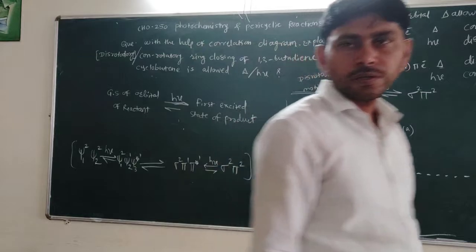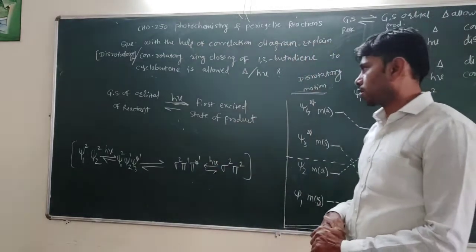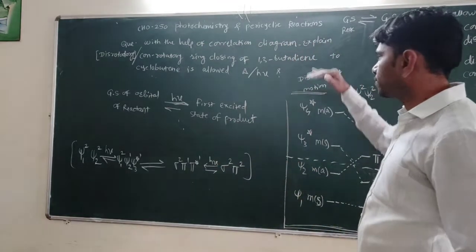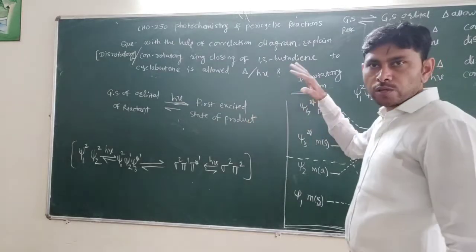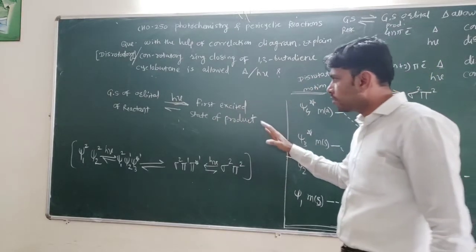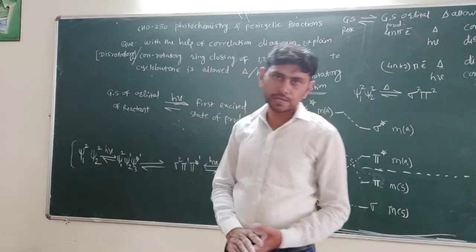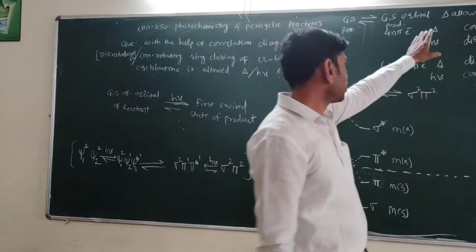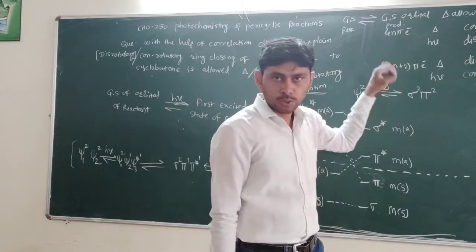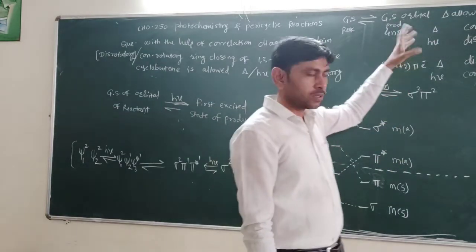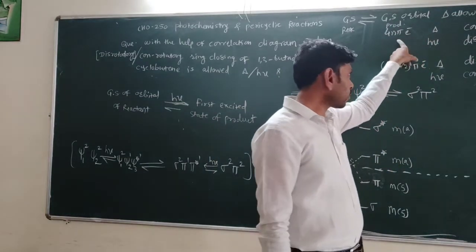So this is about this rotatory motion of the 4n pi electron system. This rotatory motion allows the reaction to occur by photochemical mode of activation. So selection rules are applied here. We show here proof for the selection rules for the 4n pi electron system.